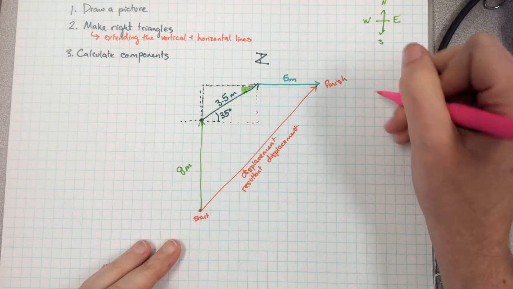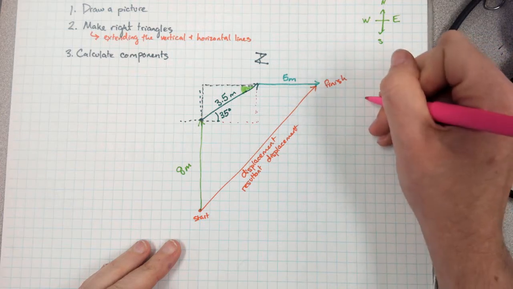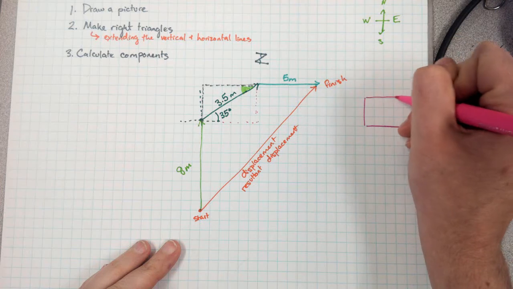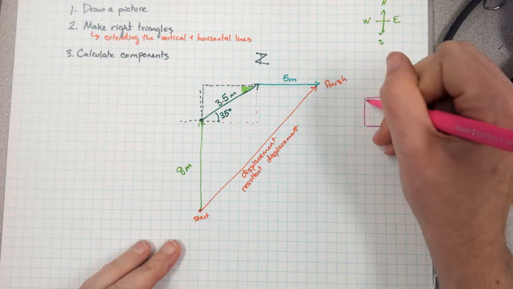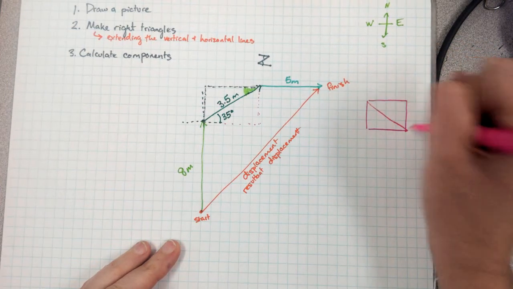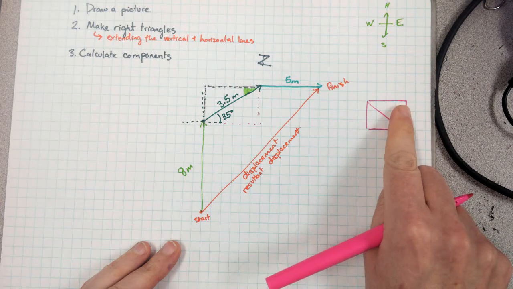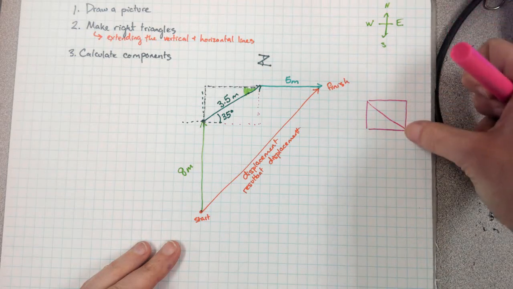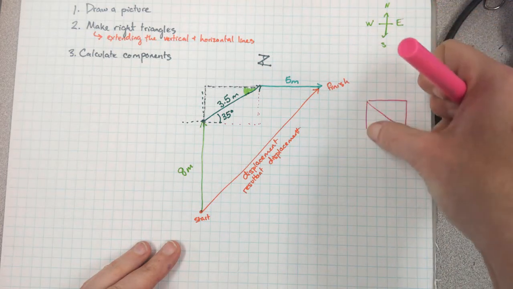Because if you have a rectangle like this, so I've got a 3x4 rectangle, if we cut it in half, this side has the same length as this side, and this side has the same length as this side, right?